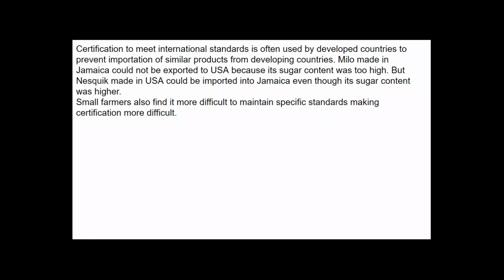Small farmers find it harder to maintain crops at a specific quality because they're much more vulnerable to changes in the external surroundings. So certification makes it harder for small farmers to compete and export on an international scale.